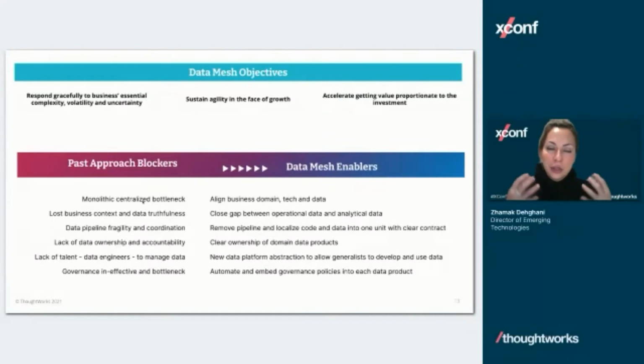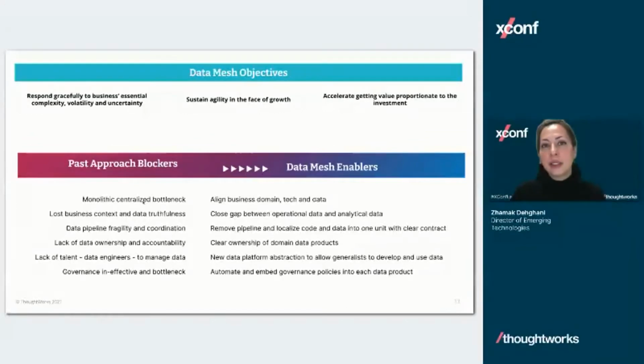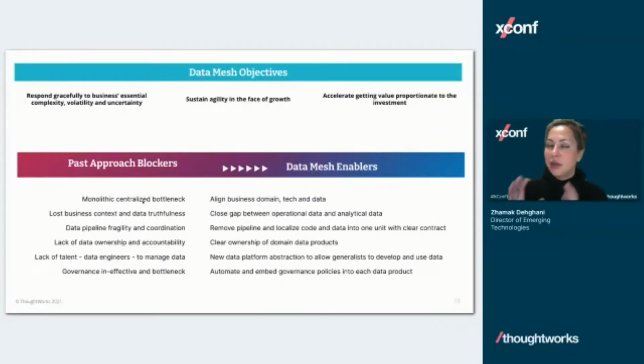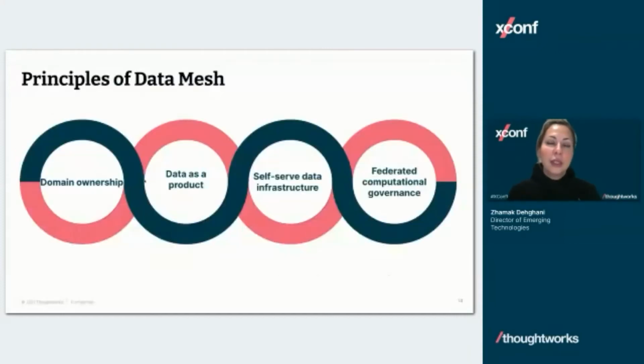And let's build solutions that bring a larger population of our generalist technologists to contribute to this rich space of data and ML. Right now, that space is allocated to a very small population of specialists. So these are some of the goals of data mesh, and underpinning the solution sit these four pillars, these four basic principles.